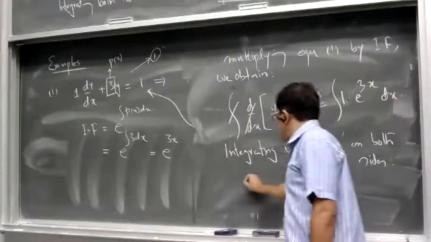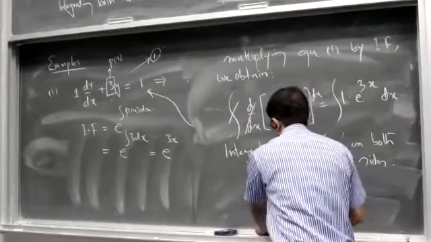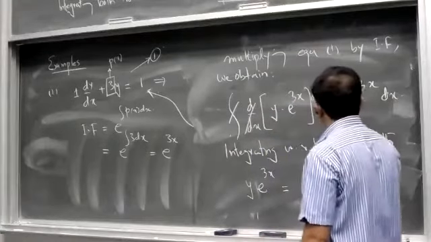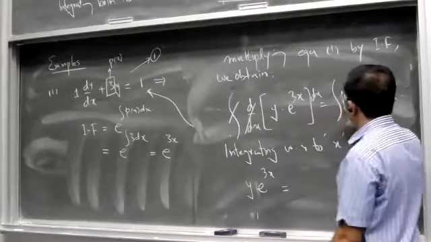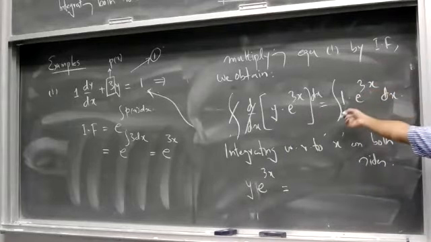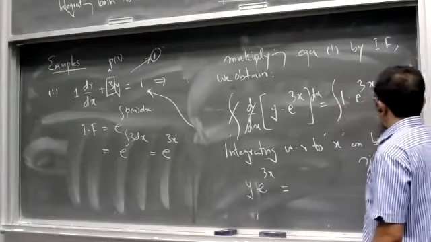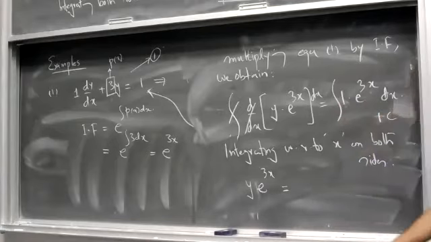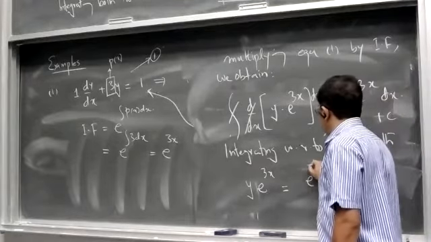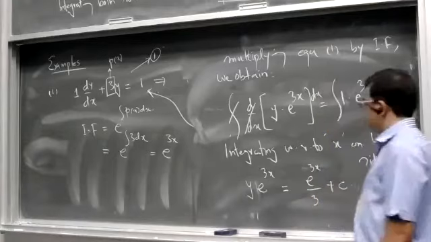And what do we obtain here? We obtain y times e raised power 3x is equal to the integral of e raised power 3x. Integral of e raised power 3x will be e raised power 3x divided by 3 plus c.